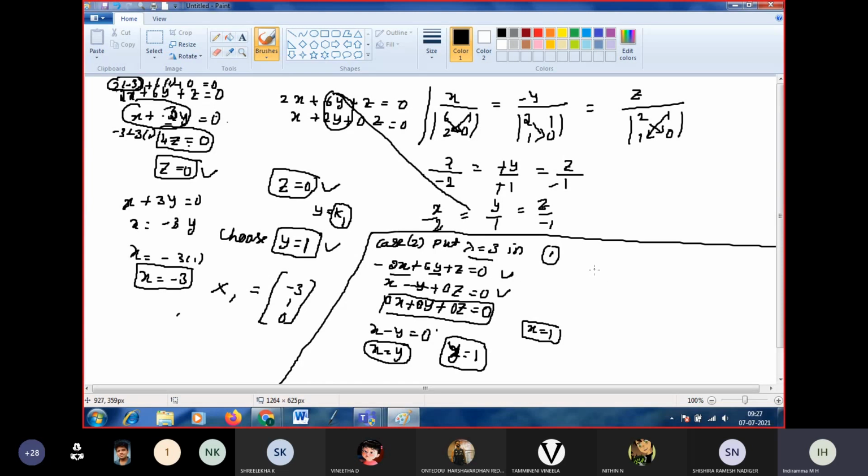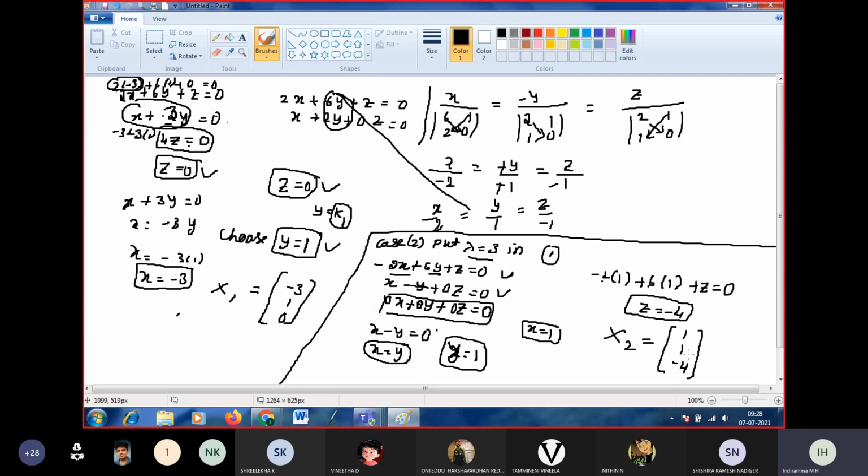Minus 2 into 1 plus 6 into 1 plus z is equal to 0. That is minus 2 plus 6, that is 4, plus z equal to 0, so z is minus 4. Therefore, the eigenvector x2 corresponding to the eigenvalue lambda equal to 3 is x is 1, y is 1, z is minus 4. This is what we got.